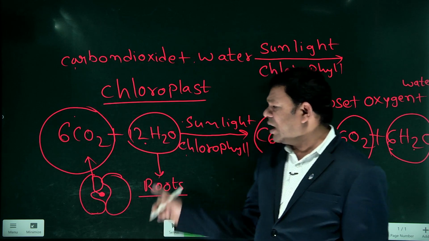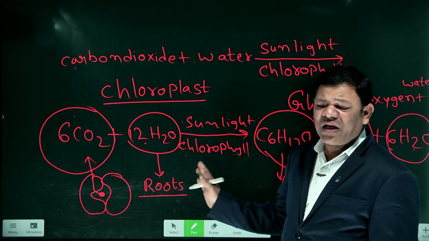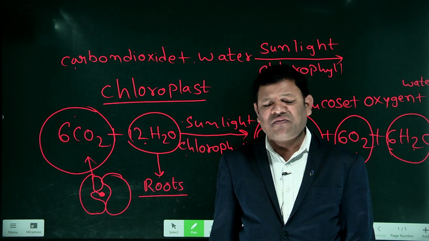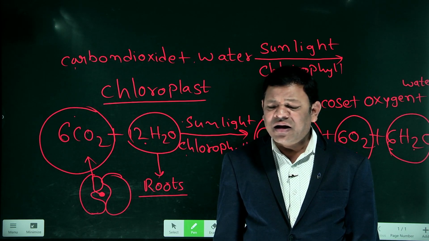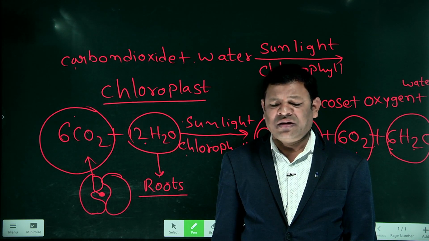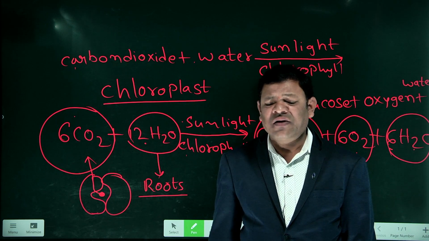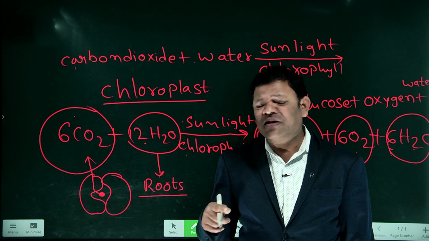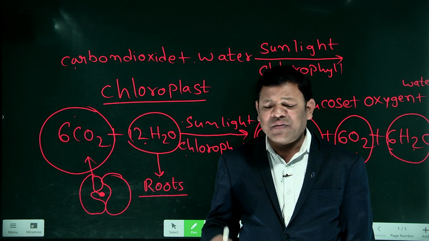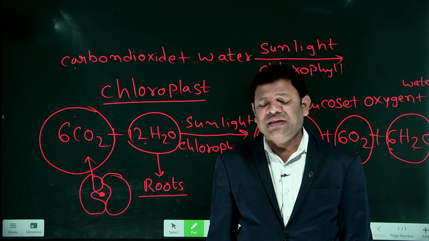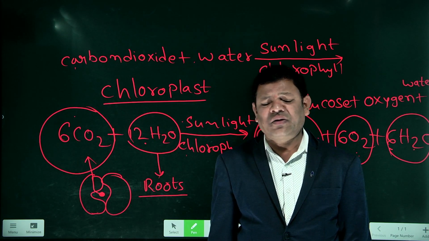Autotrophic nutrition means organisms that can synthesize their own food. Heterotrophic nutrition means organisms that cannot prepare their own food and depend upon other organisms.